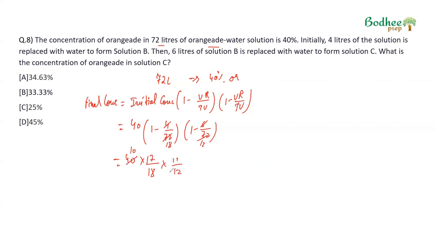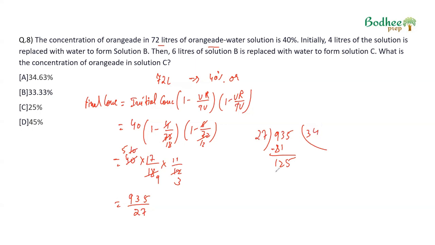So 10, 3, 5, 2, 9. 85 into 11. 85 into 11 will be 935. Threes are 81 minus 12, 125.